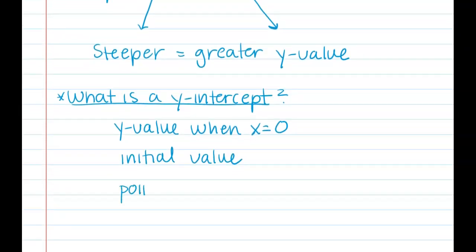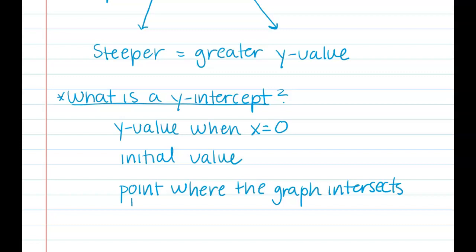And it's also the point where the graph intersects the y-axis. So y-intercept, let's say here's our function. It's right there because it's right where it crosses over the y-axis.